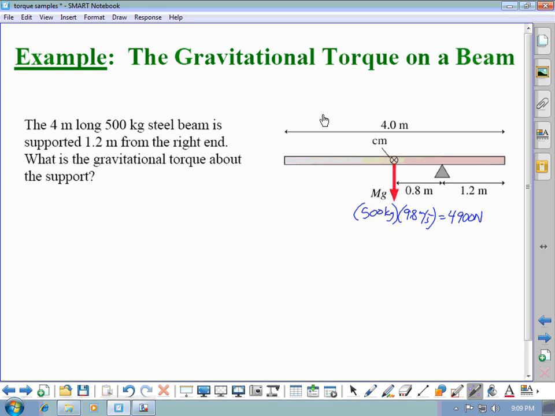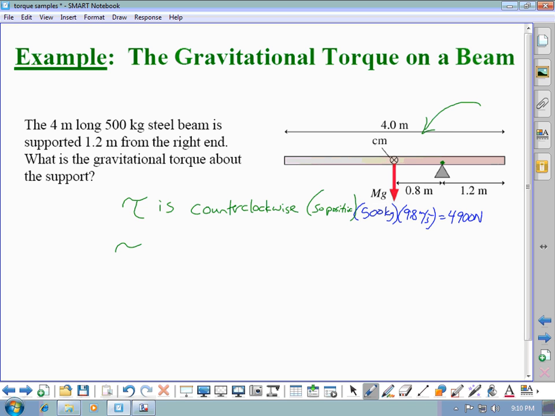And the torque that's on this, since this point over here is the pivot point, this torque is going to cause it to try and rotate around counterclockwise. So the torque is counterclockwise, and usually we take counterclockwise to be the positive direction. So the torque is positive.